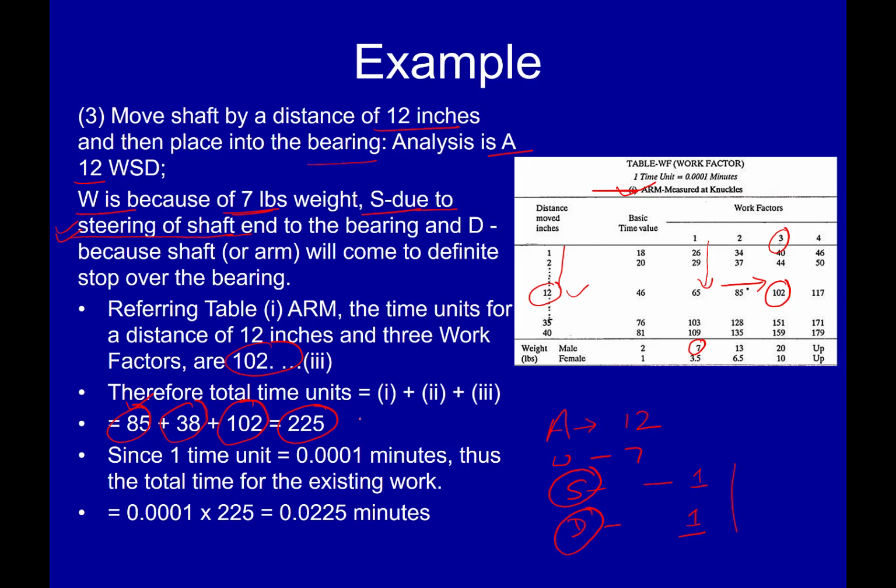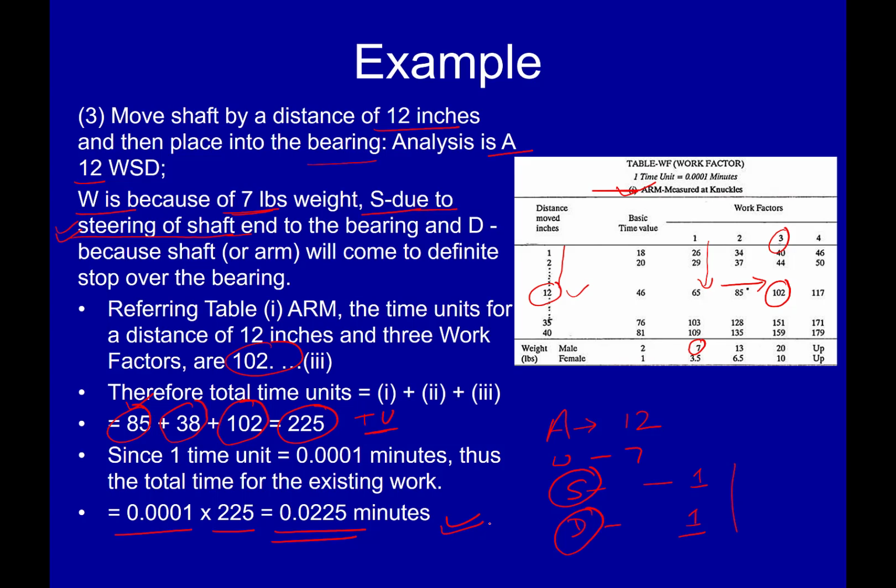This is the time unit, basically TU. This time unit is converted into minutes by multiplying 0.001 into 225, which gives us 0.0225 minutes. That's the time that will be taken in performing the job.